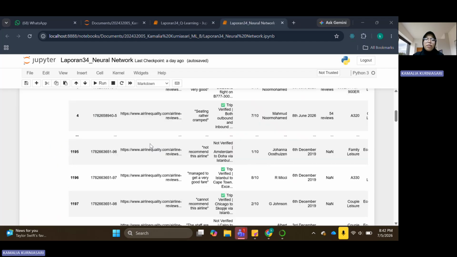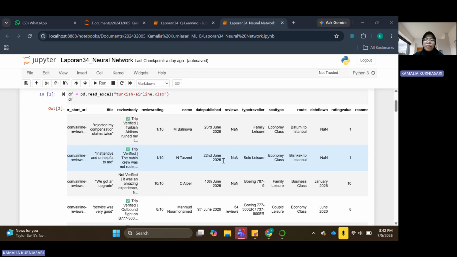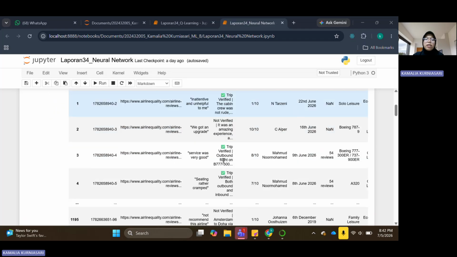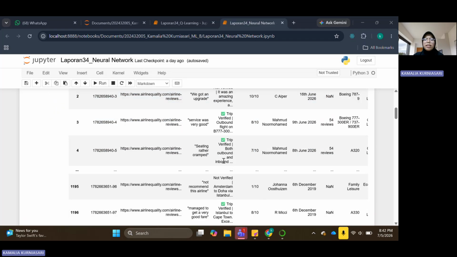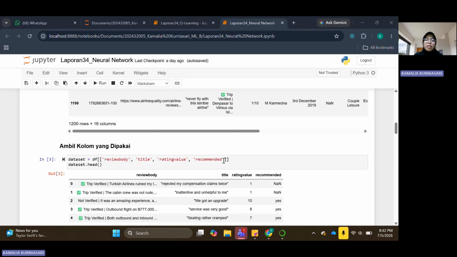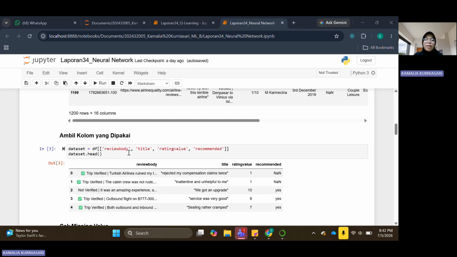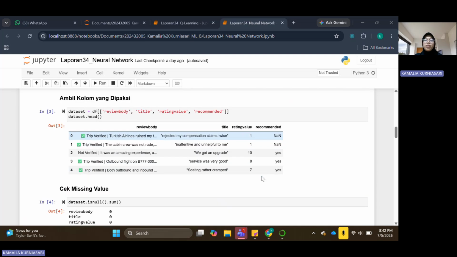From the dataset, we can see that I selected four main columns: review body, title, rating value, and recommended. These columns were chosen because they contain the most relevant information for predicting customer recommendation.